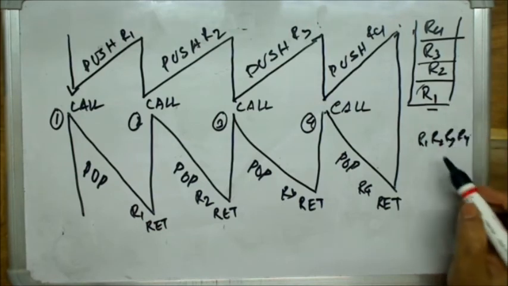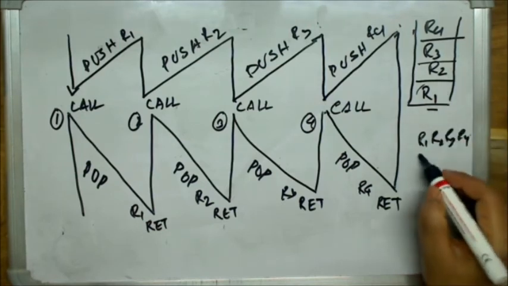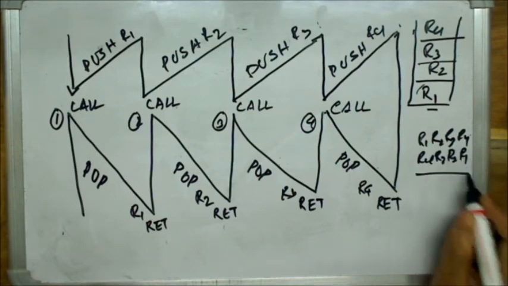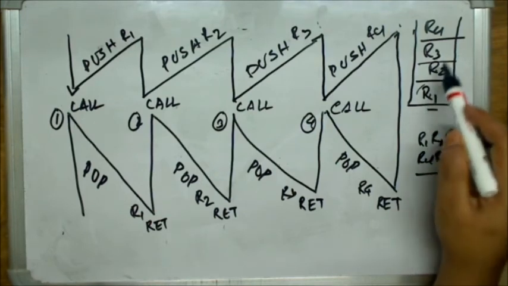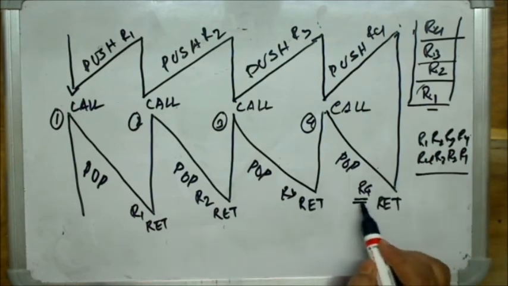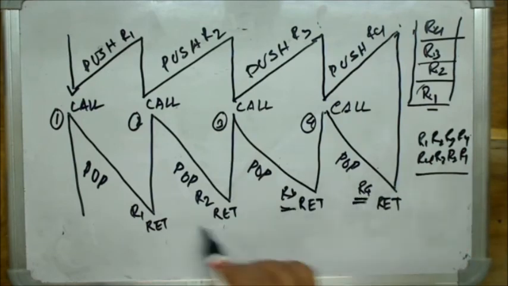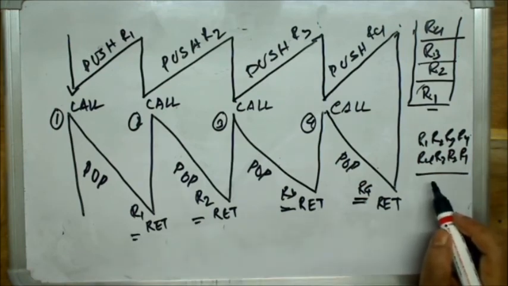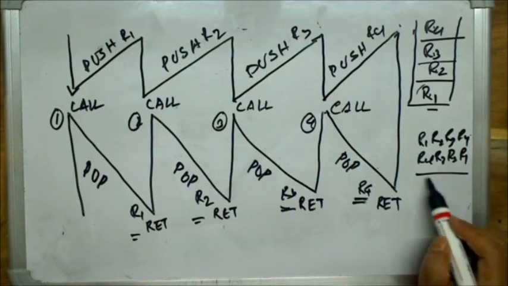In the stack we want them in the order R4, R3, R2, R1. While returning, you want them in the reverse order. So that is why we have stored the return address into stack.